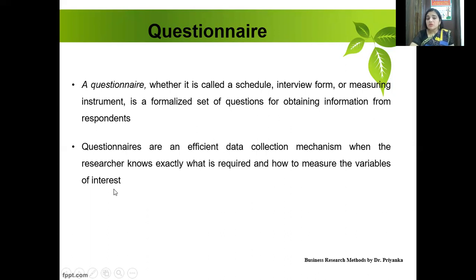For example, first of all, questionnaire is basically a kind of schedule, or you can say a piece of paper which has all the questions listed on it for the interview, and it is majorly known as measuring instrument while measuring attitudes mainly, right? And it is actually a formalized set of questions for obtaining information from respondents.